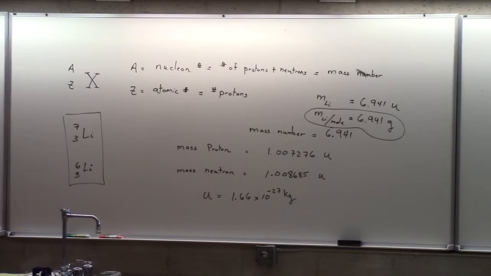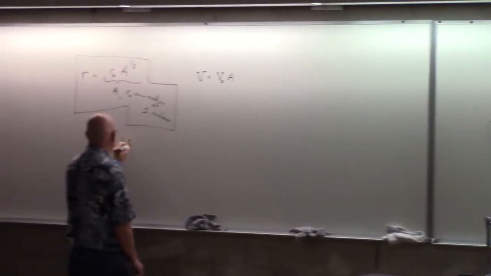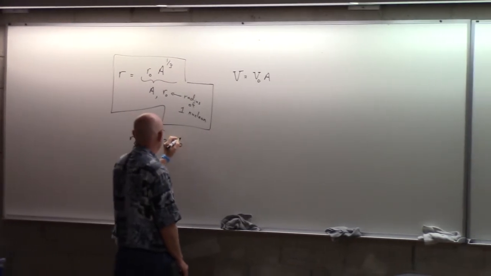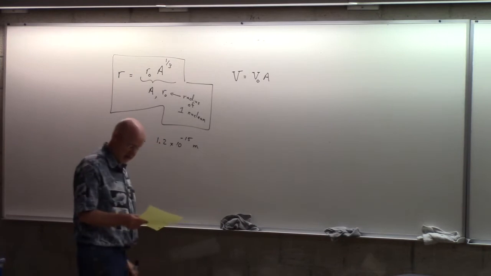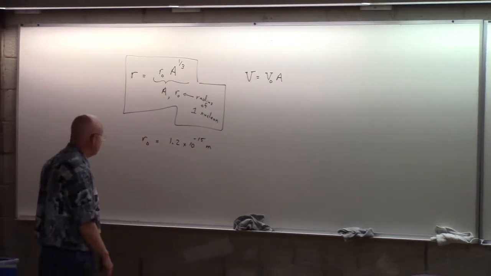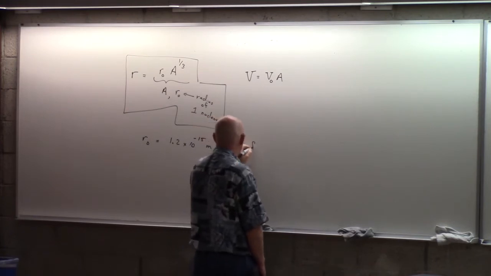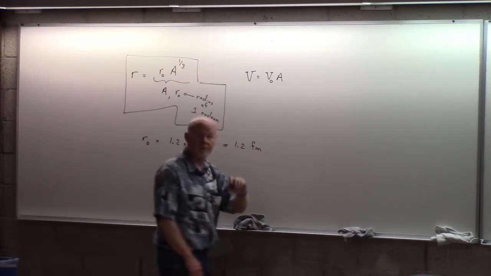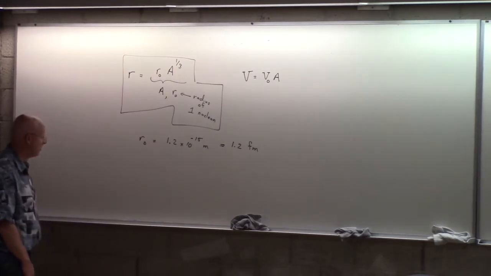Now let me give you their radius. The radius is, for all intents and purposes, the same. And it's 1.2 times 10 to the minus 15 meters. This would be about a 1.2 femtometer. And so they're really, really small.